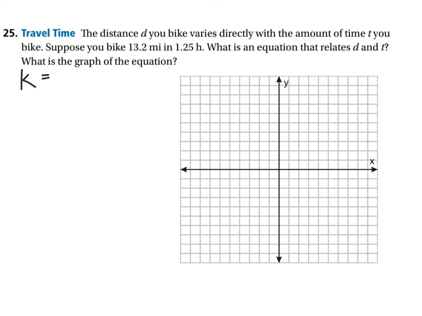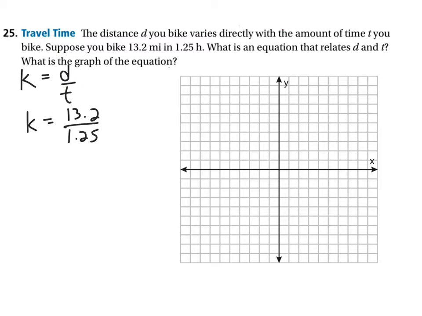So k equals d divided by t, and substituting in, what do they give us for d? They give us a distance of 13.2 miles and a time of 1.25. I'm going to write the division problem that divides 13.2 by 1.25 in red, over the graph, and then I'll get rid of it.